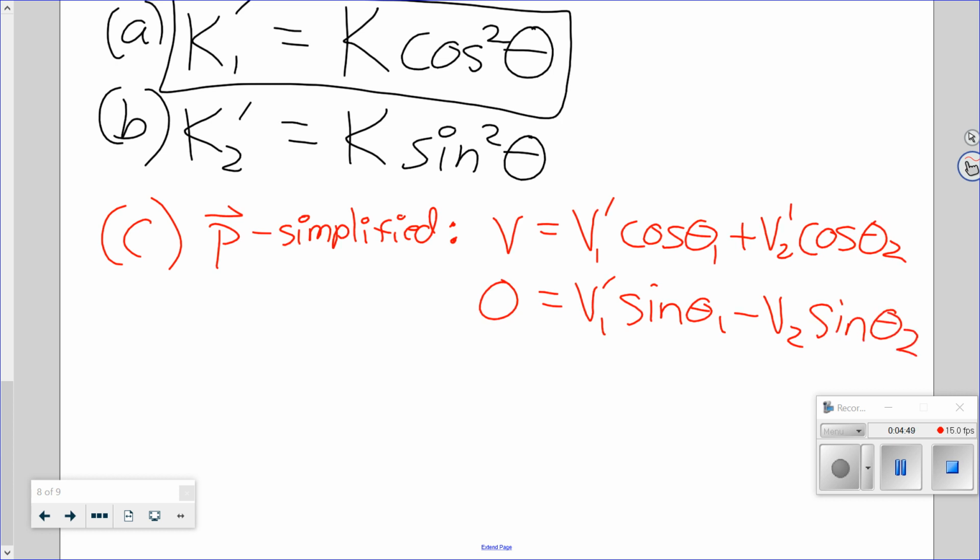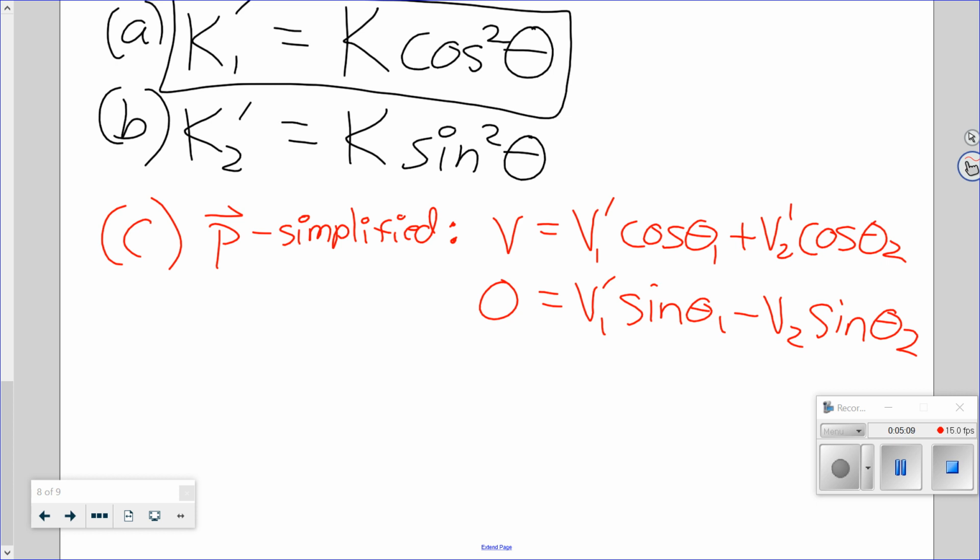Take those two equations, square them so that you get thetas, and then you get a relationship between theta 1 and theta 2.